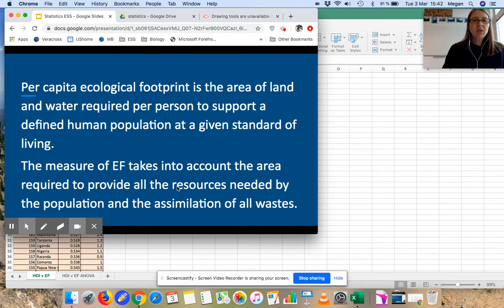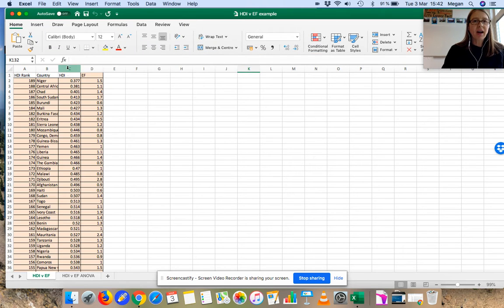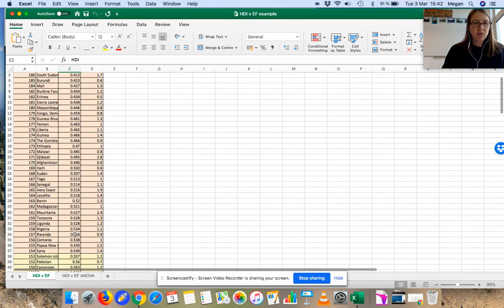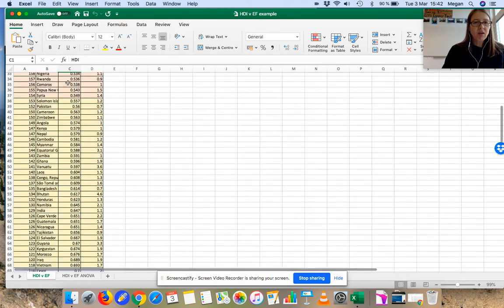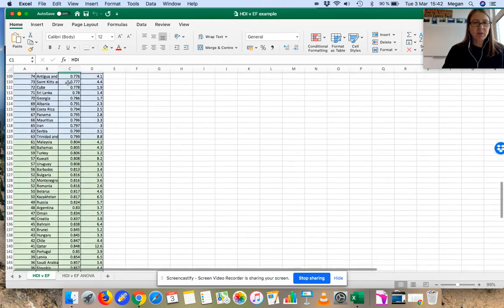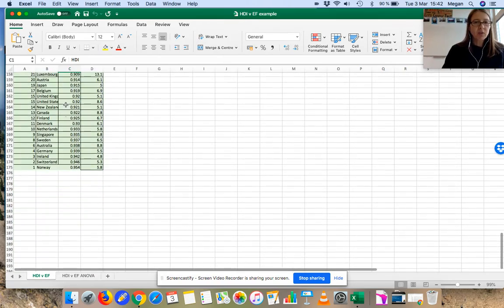Okay, so take a look here. I have the HDI score of all of these countries. So this is the lowest scoring country here, with Niger all the way up as we're increasing. I sorted it from lowest to highest, to the highest scoring, which is Norway, of the HDI index.